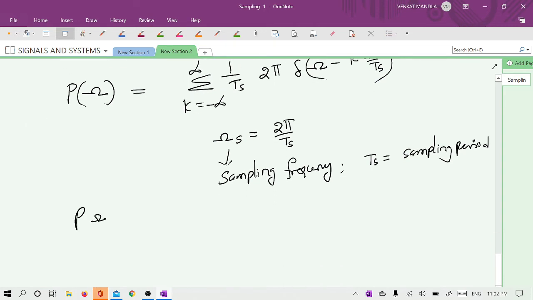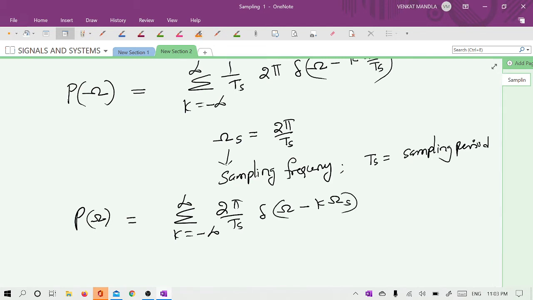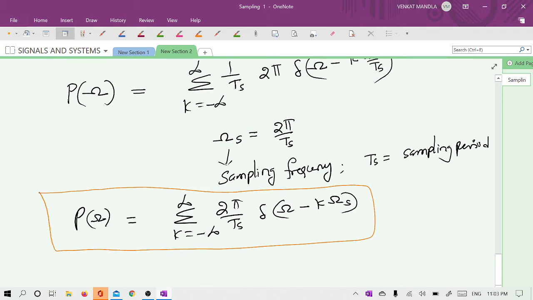So P of omega equals sigma k equals minus infinity to plus infinity 2 pi over Ts del of omega minus k times omega s. So this is the continuous time Fourier transform of your rectangular impulse train. Okay, so these are required for me to discuss sampling.